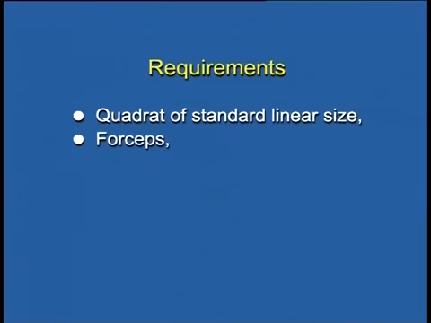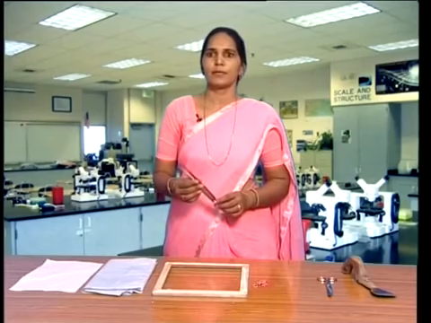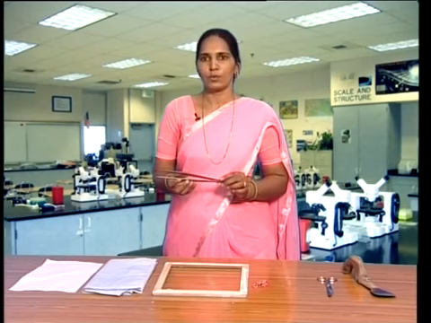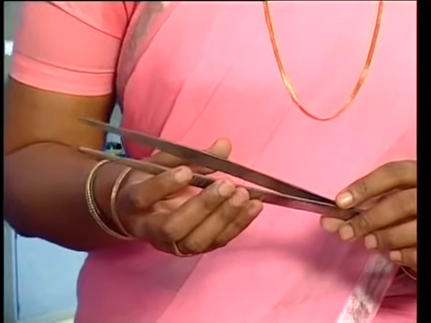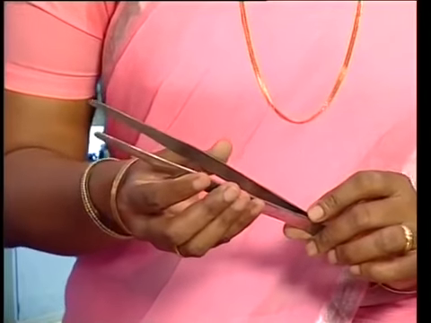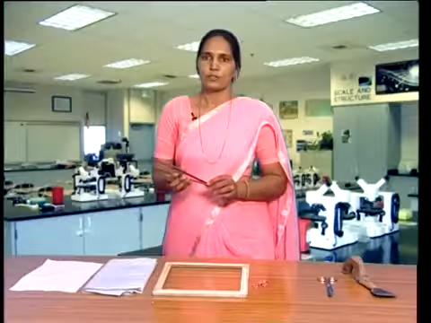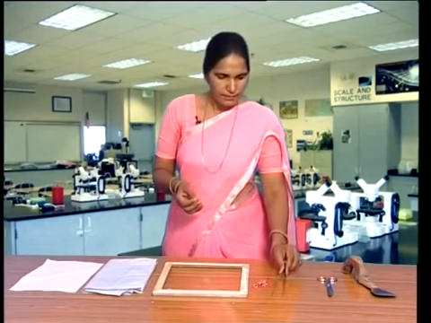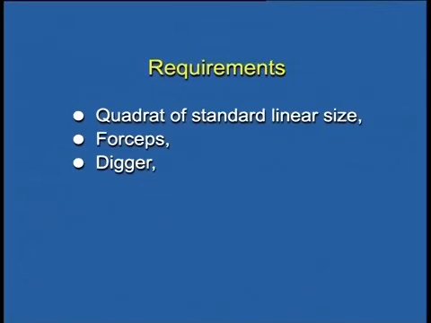Then forceps. This is the forceps which is used for digging out very small sized plant species which cannot be dug out with the hand or the digger. Then digger.